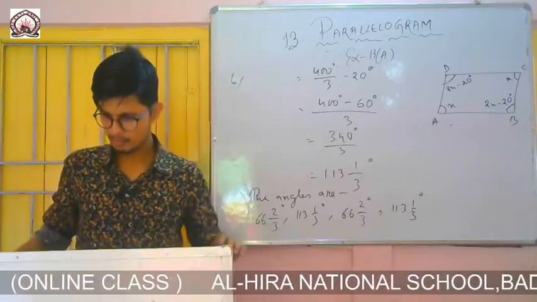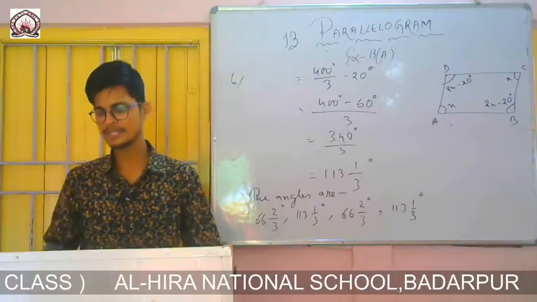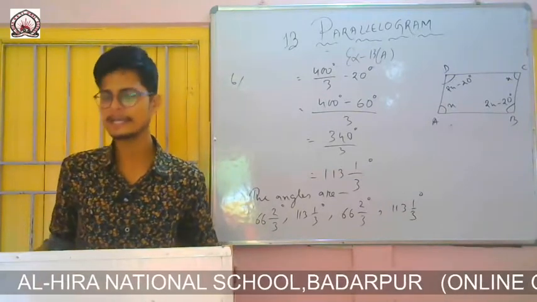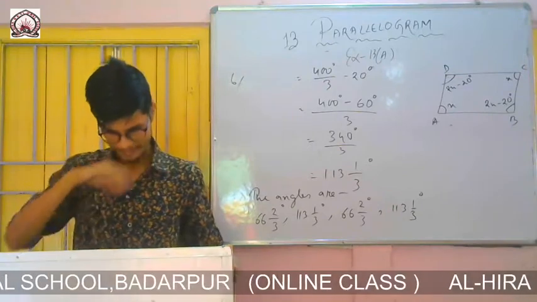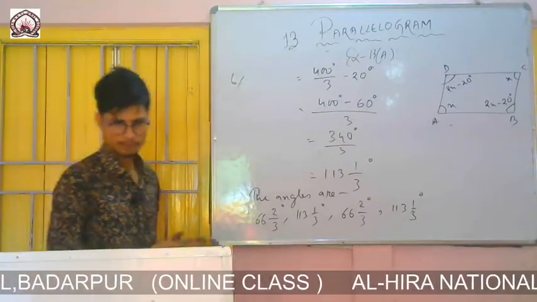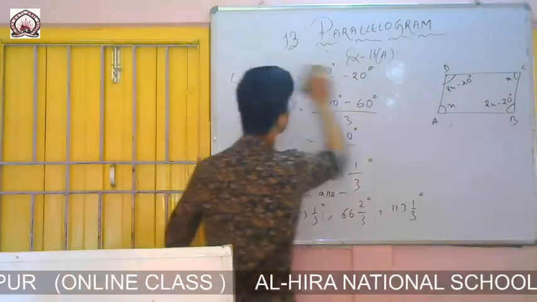Now question number 7. ABCD is a parallelogram, find angle XYZ. So this is an important question. Be attentive, it is a little confusing also, you see carefully.